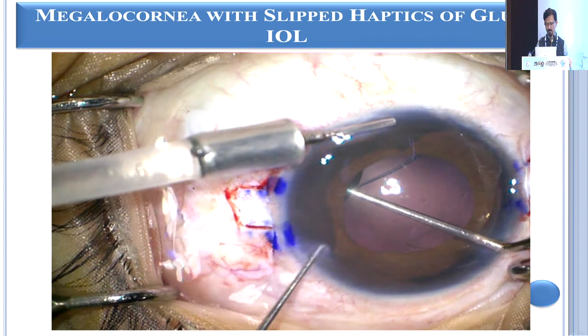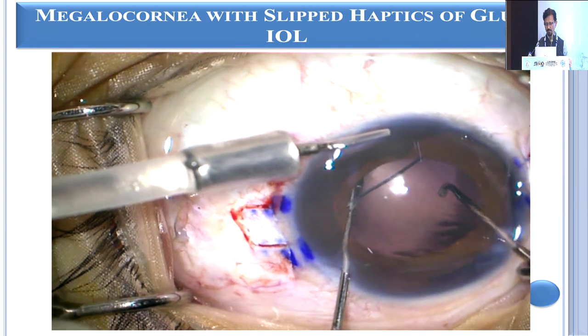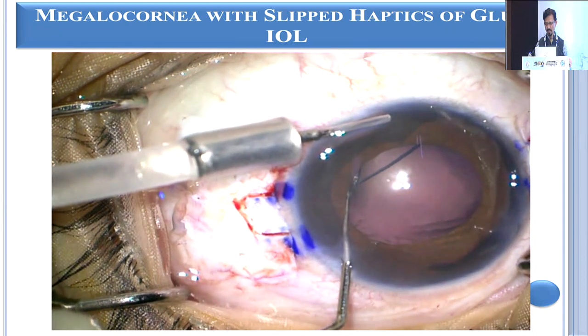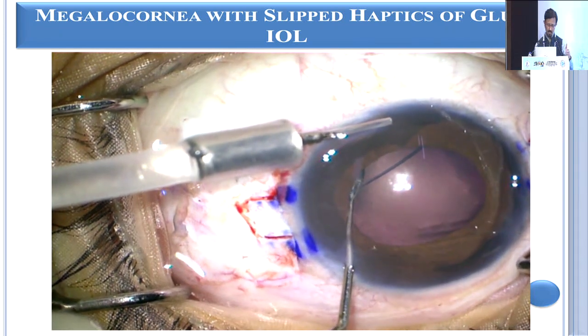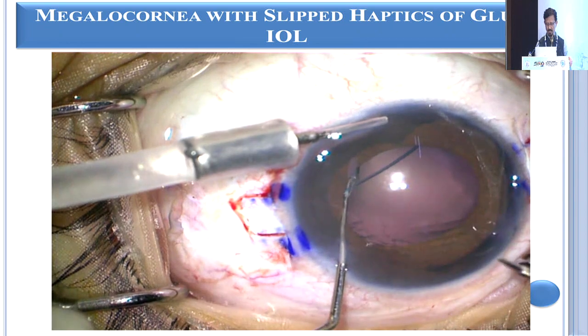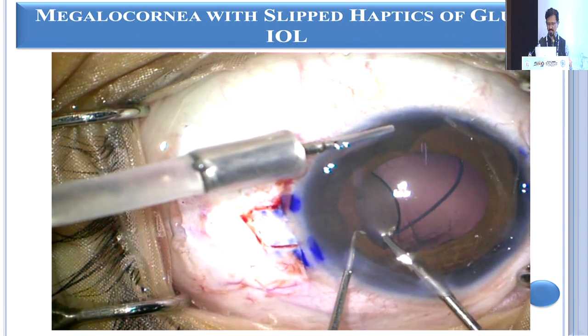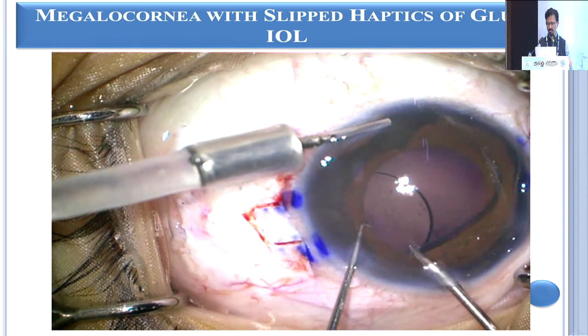So with the help of a Sinskey hook, I'm trying to stabilize and pull the IOL haptic so that I can hold it with one forceps and then bring it anteriorly.